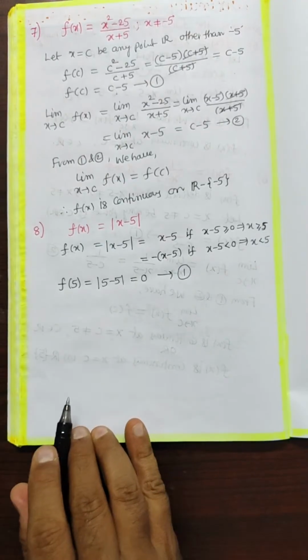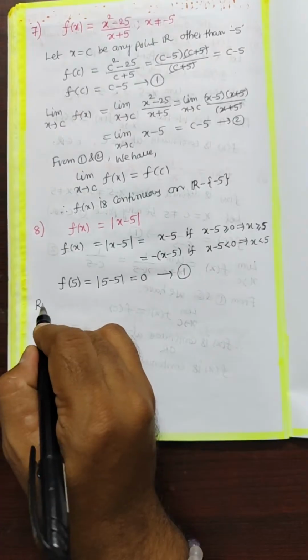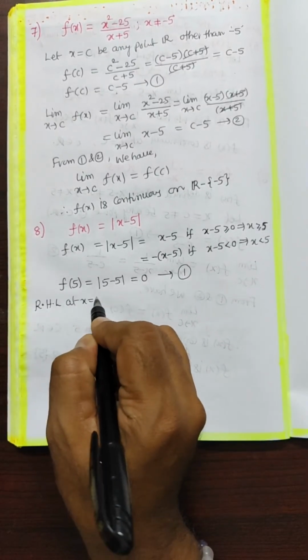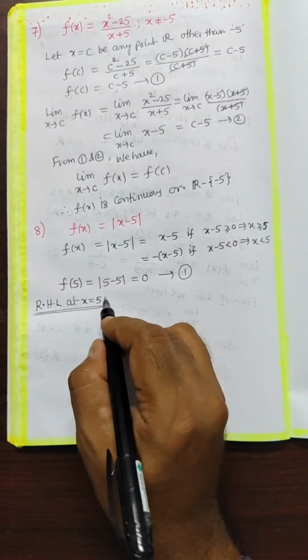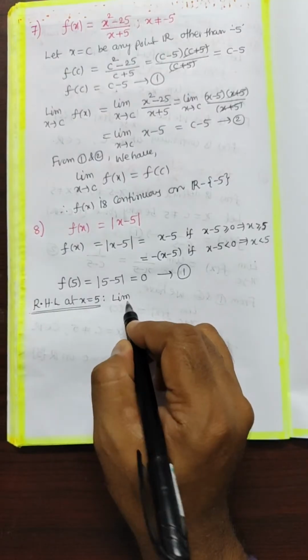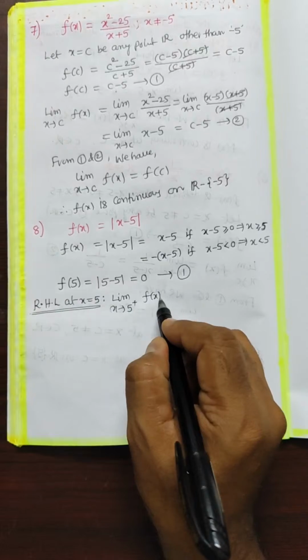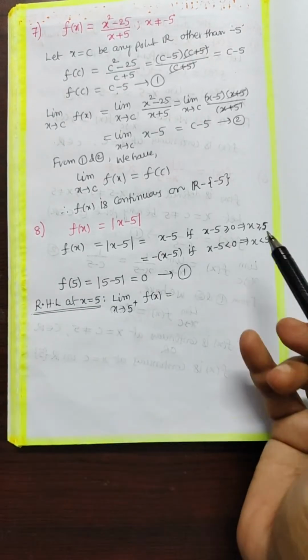Next, right hand limit, that means RHL. Right hand limit at x is equal to 5, we can calculate. Limit x tends to 5 plus f of x. The meaning of x tends to 5 plus is x is greater than 5.